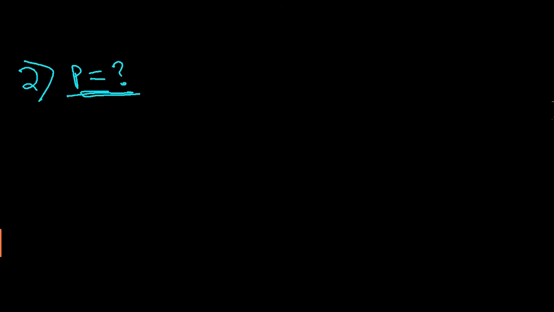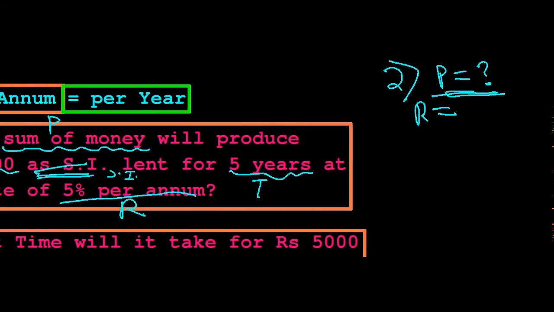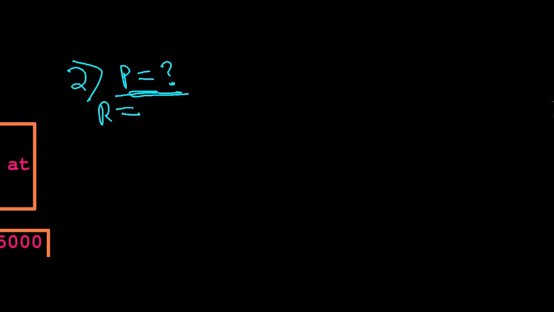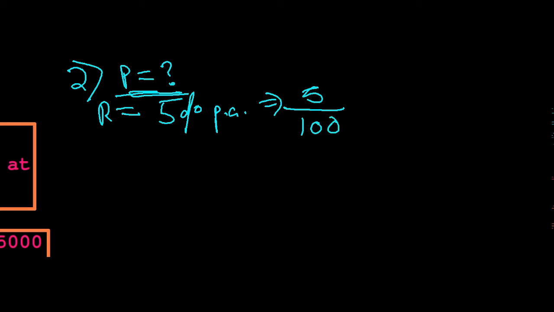And R is equal to, R is given as 5% per annum, so we will write it as 5% per annum. We can also write it as 5 by 100 per annum. We will not give a percentage sign here because we already wrote 100.